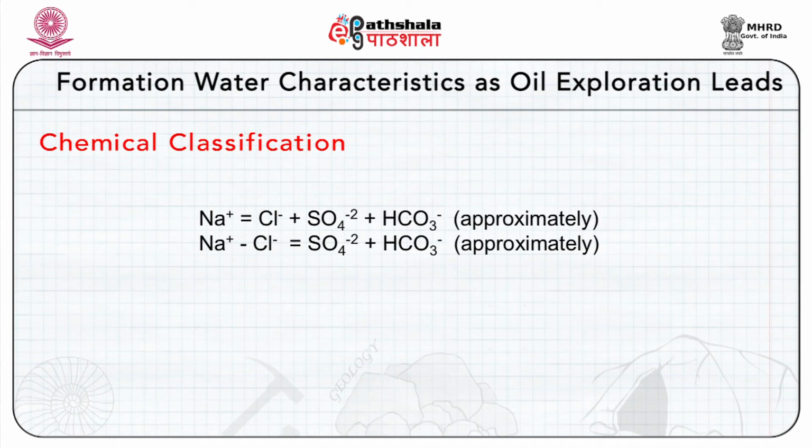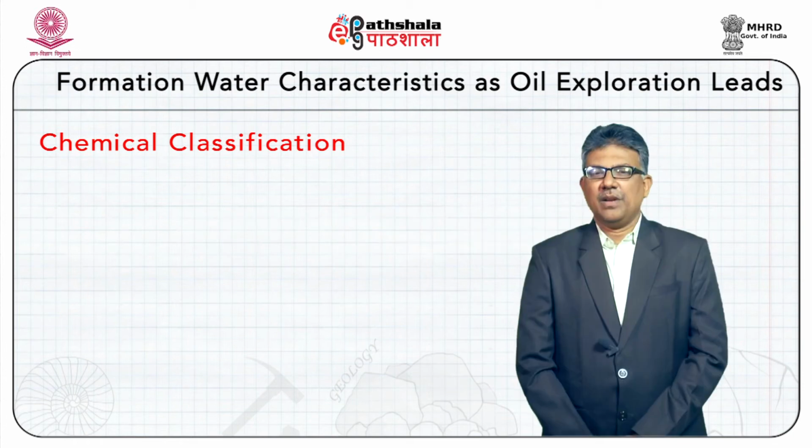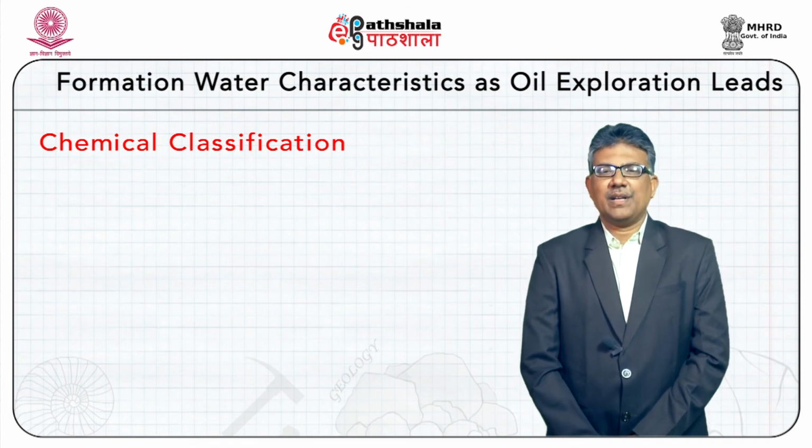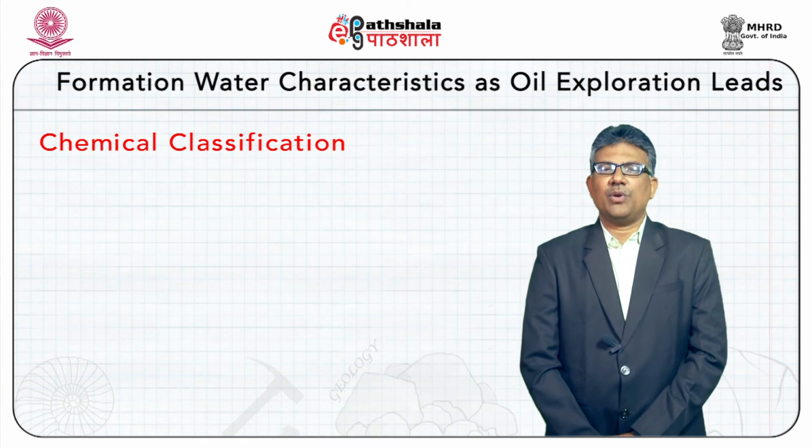And hence the ratio, that is sodium minus chlorine divided by sulfate, if it is less than 1, waters are classified as type A, that is sodium sulfate. Whereas if the value comes more than 1, the water is classified as type B, that is sodium bicarbonate. In both cases of water, the Na/Cl ratio will be more than 1.